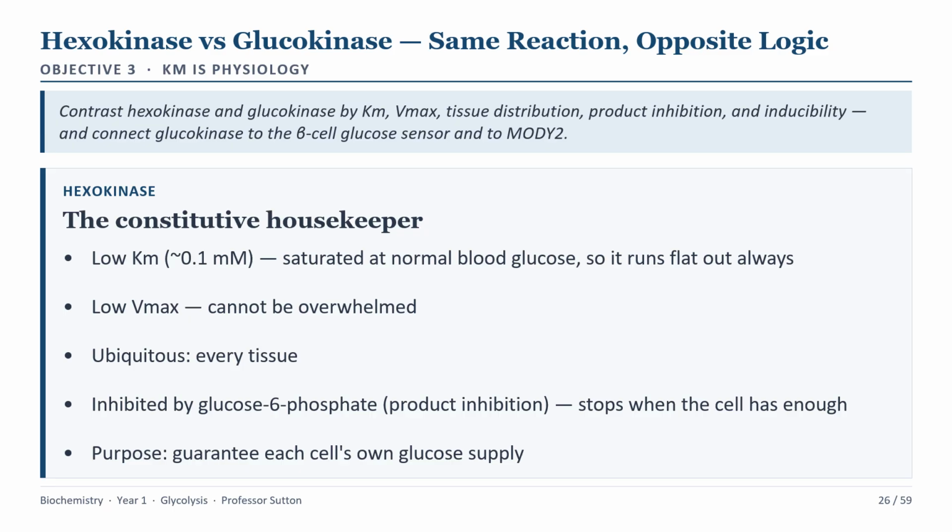It is present in every tissue. It is inhibited by its product, glucose 6-phosphate, which is how it stops when the cell has had enough. Its job is to guarantee every cell its own glucose supply, regardless of what the blood is doing.